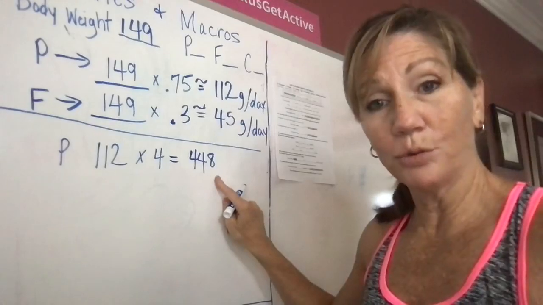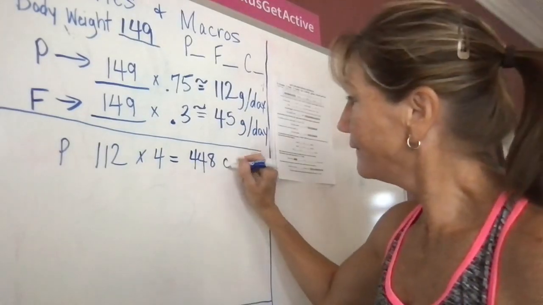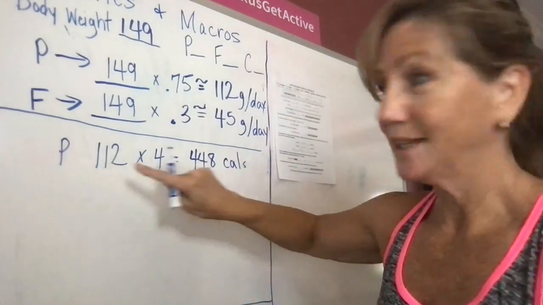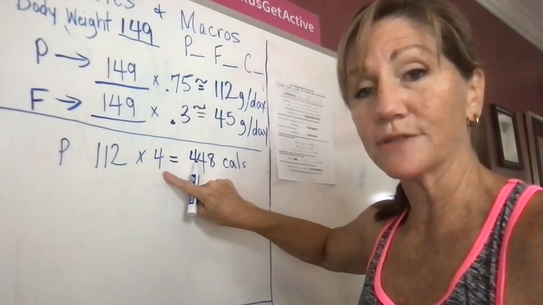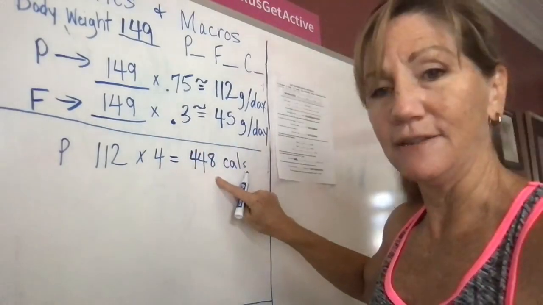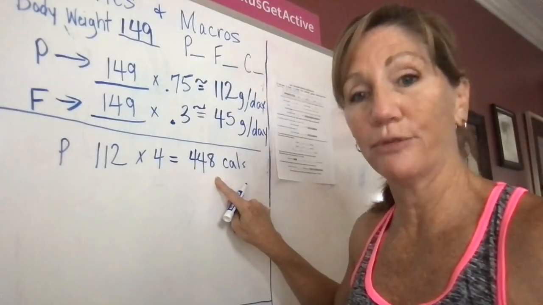This number, 448, represents calories. Protein has 4 calories for each gram, and so when I multiply all my grams times 4, I can eat 448 calories that come from protein.